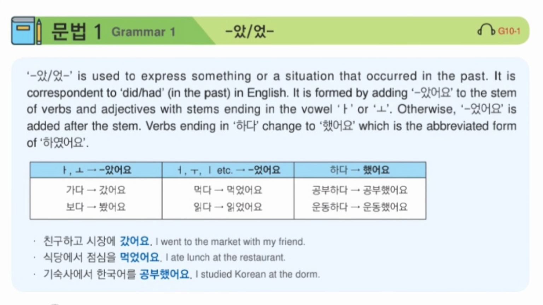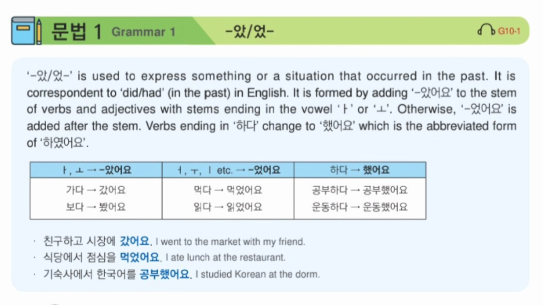Lesson 10, Grammar 1. We know about how to make sentences, right? 어요, 어요. Good. But we don't know how to talk about the past. How do you say I go to the market? 시장에 가요. Then how can we say I went to the market? Let's find out.